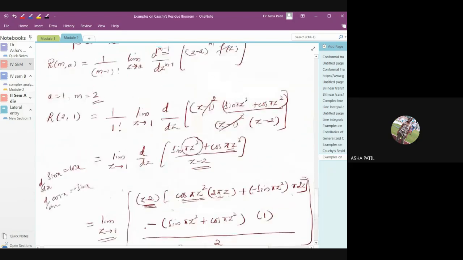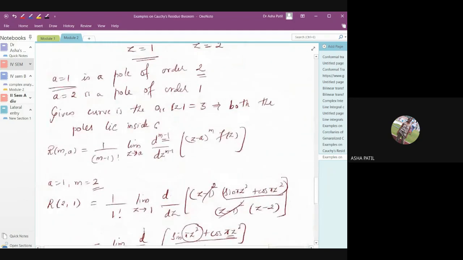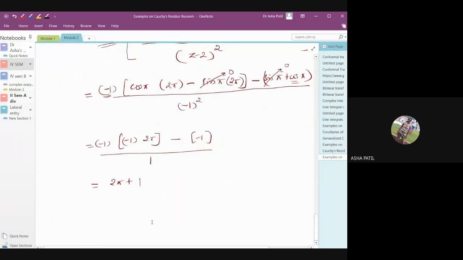What's the other residue? 2 of order 1. This was the residue at which pole? 1 of order 2. Now we'll go for the residue at 2, which is of order 1.